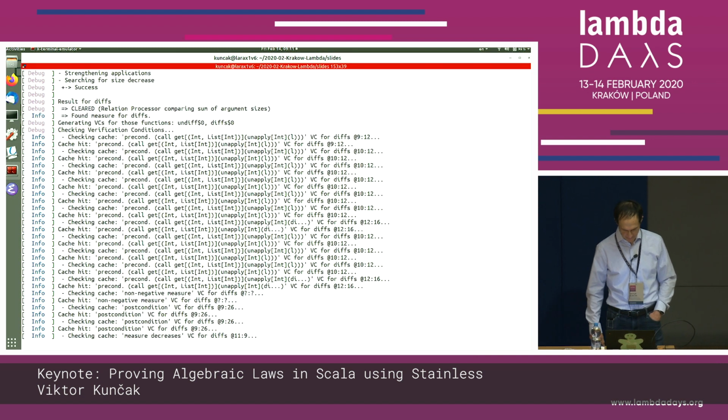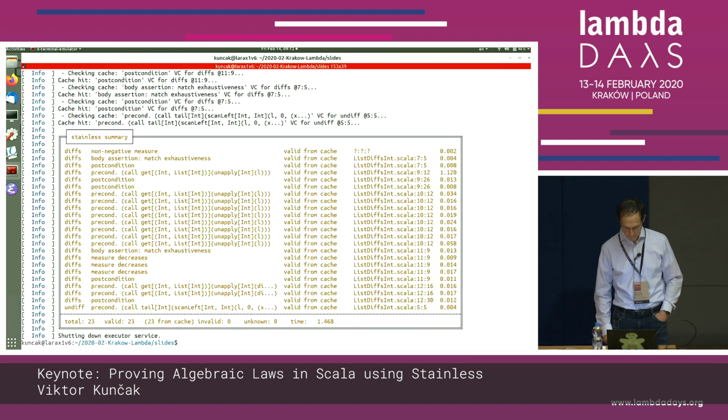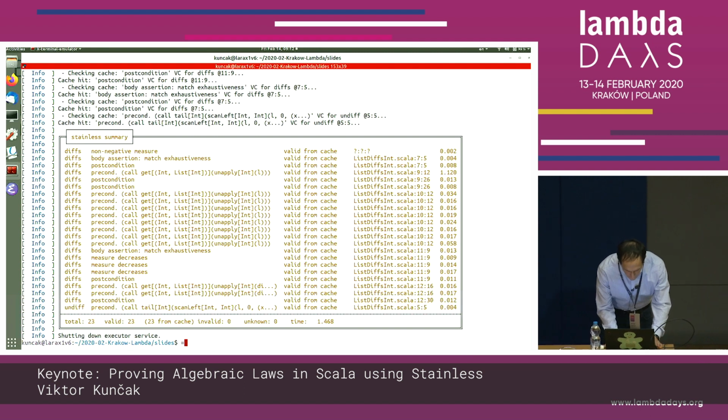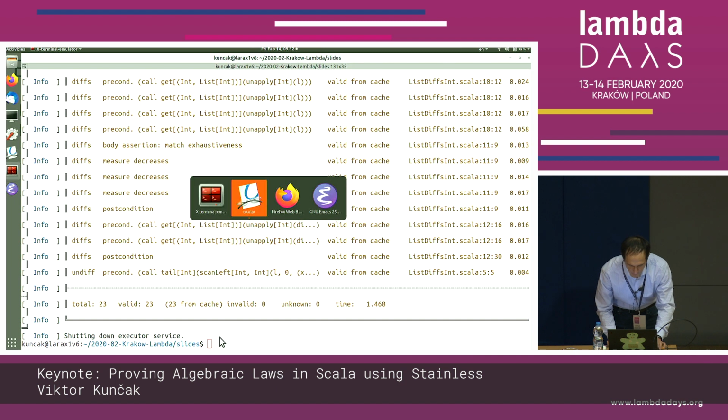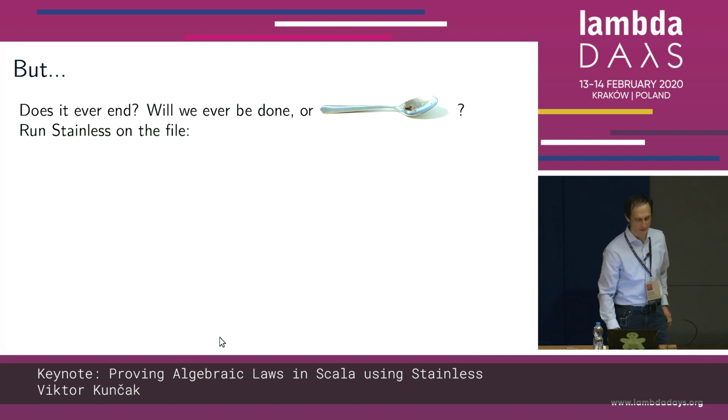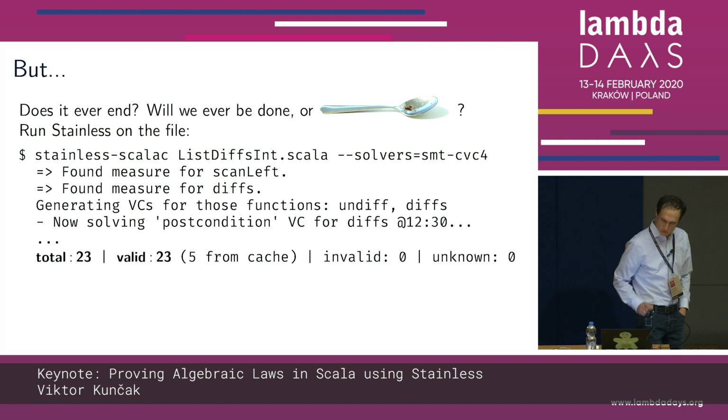This is running with lots of instrumentation at the moment. But what's important is this. It says that there were a total of 23 proof obligations, and 23 of them were valid. Well, they were all cached. That's why it ran a bit faster than normally, but it runs fast even without having been run before.